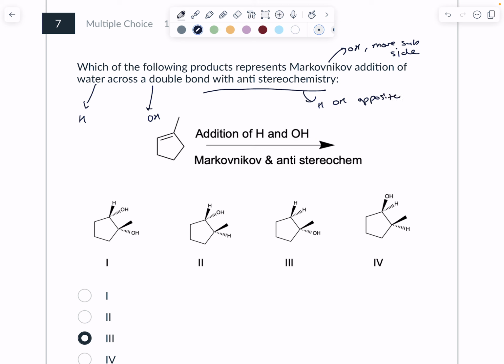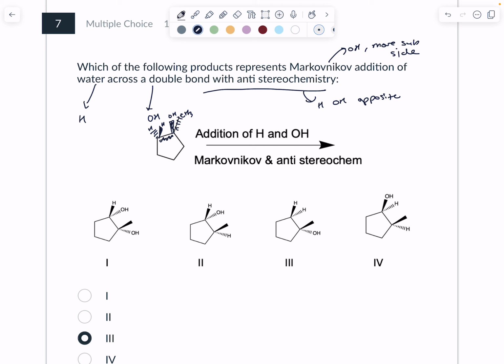So what I'm looking for, I'm not even going to look at my answer choices. I just know that we're going to get our OH over here. Going to get rid of that. And then we're going to get an H that's the opposite. But there is also an H already that's a dash, so that doesn't really matter, I guess. But our CH3 will be here and our OH will be there. Okay, so that's what I'm looking for.